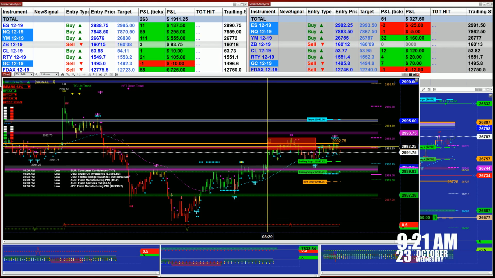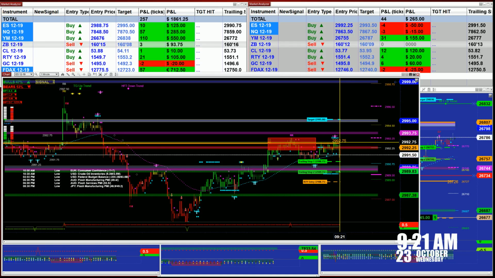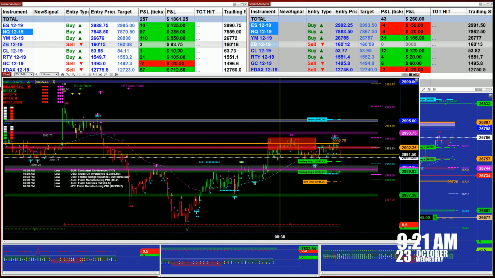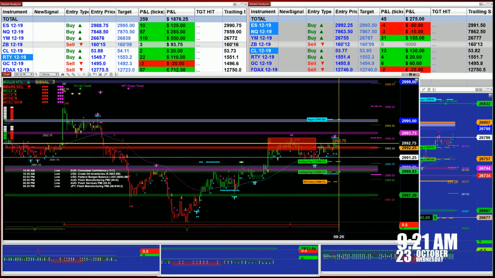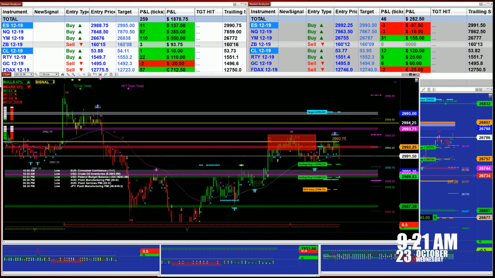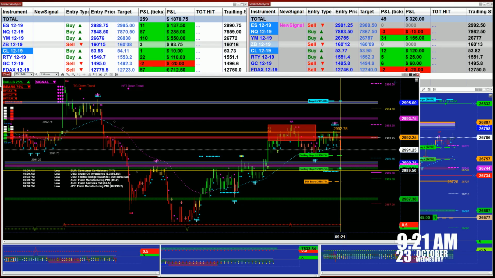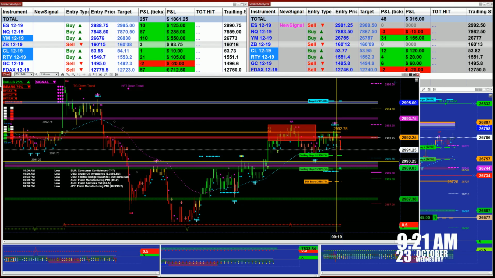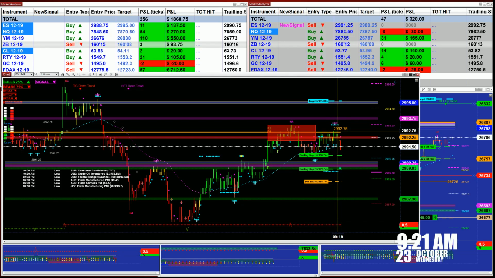From 8:30 until now, the 92.75 was the key, and as we see, the ES has been trying so hard to break the 92.75 and was not able to do that. That is going to cause a problem at the opening, because also you have a support area at 90.25, 90.50, and then a huge resistance at 92.75.